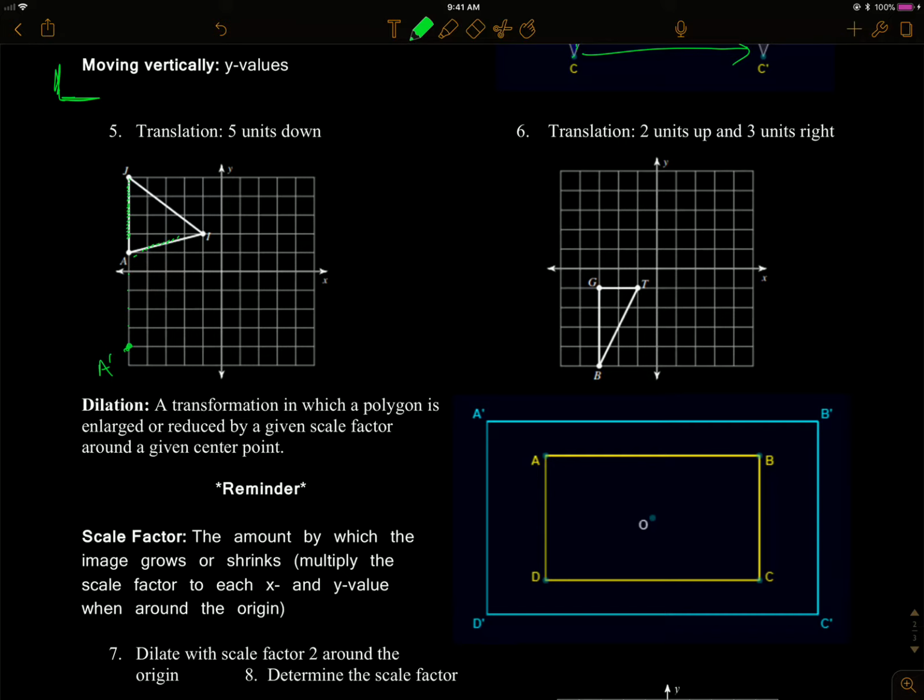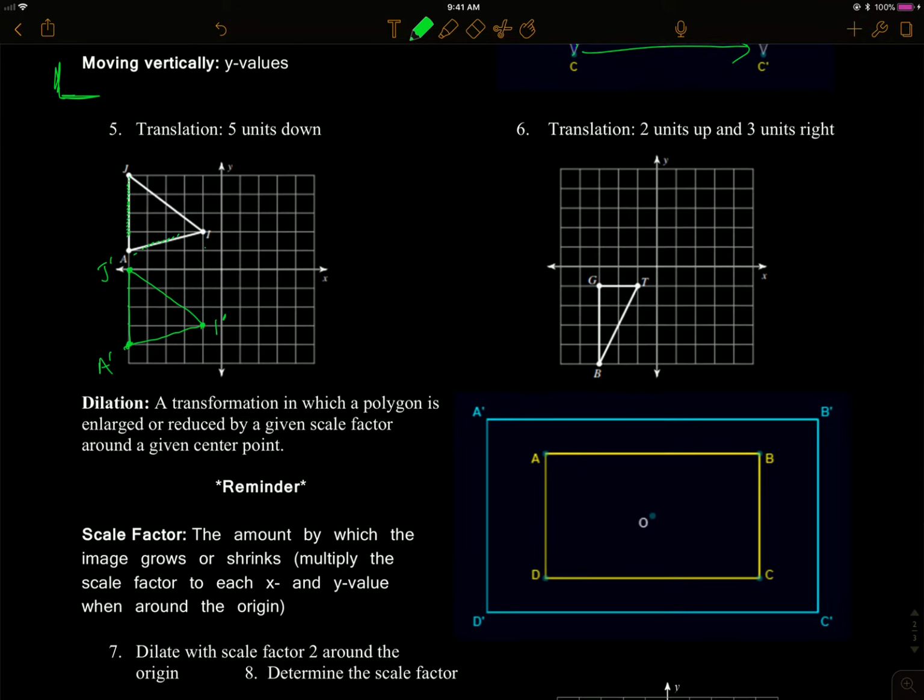Is that an I or an L? I don't know. 1, 2, 3, 4, 5. We move it down 5, and J goes down 5. 1, 2, 3, 4, 5. There's J prime. We connect the dots, and we're in essence translating all those infinite points when we draw the line. So that's a translation of 5 units down.